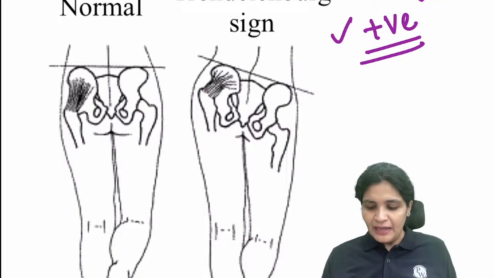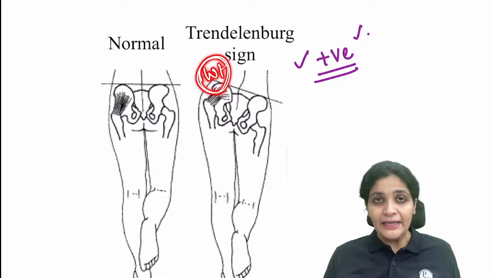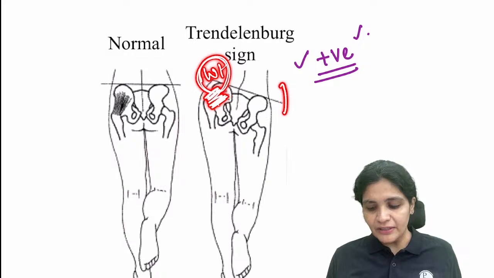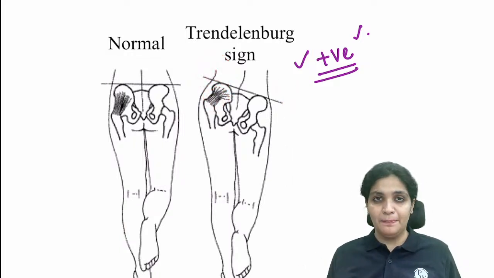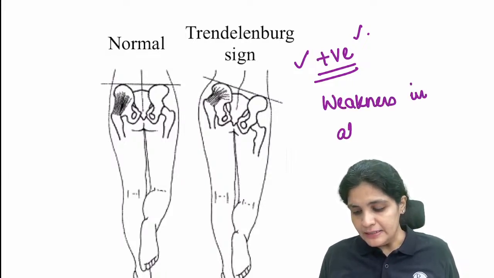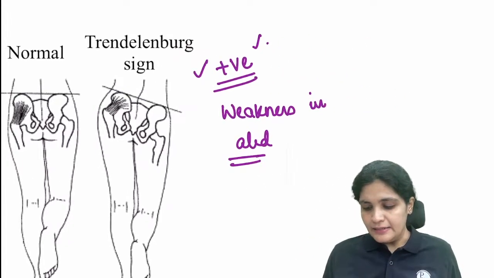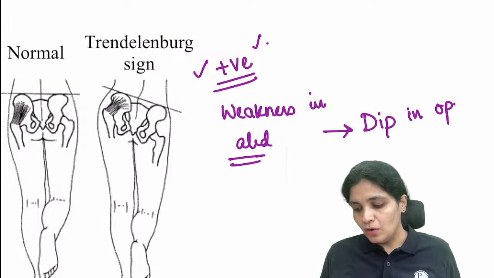Now if you see, this is taking the entire weight, but this weight cannot be taken because there is a weakness in the abductors. So now the abductors cannot lift this pelvis. So what is the work of the abductors? Lifting the opposite pelvis. So if there is a weakness in abductors, there is a dip in the opposite pelvis.